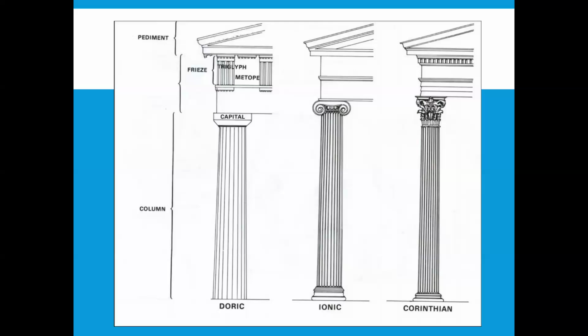The Doric column is heavier, thicker, and the fluting is farther apart, whereas the Ionic and Corinthian are often taller and thinner, and the fluting is much closer together.